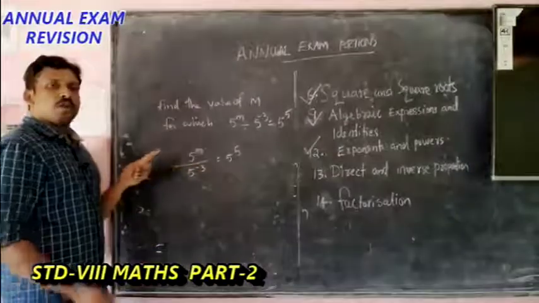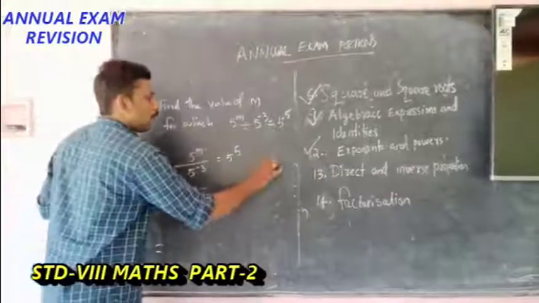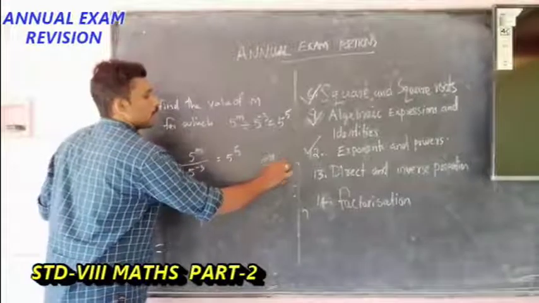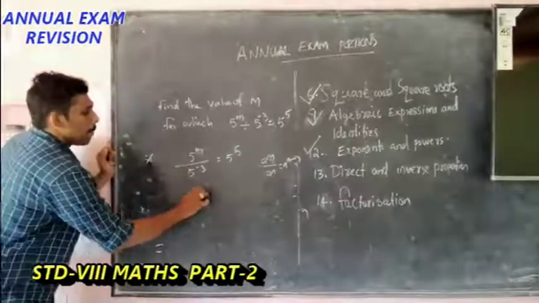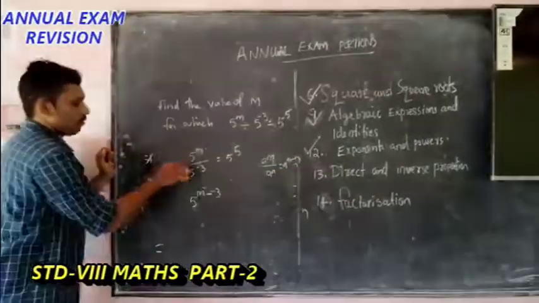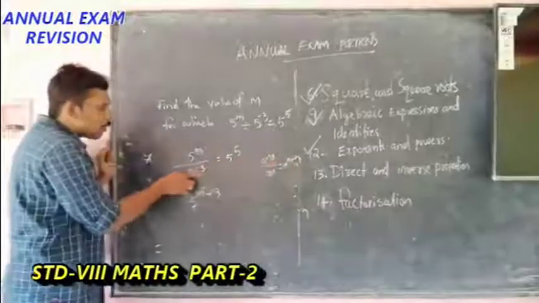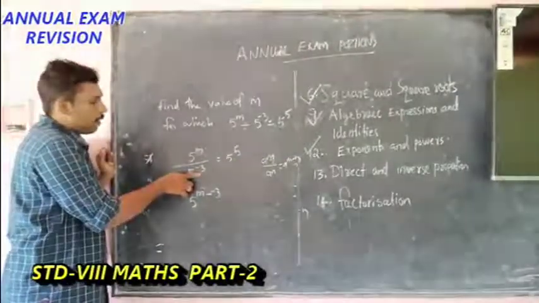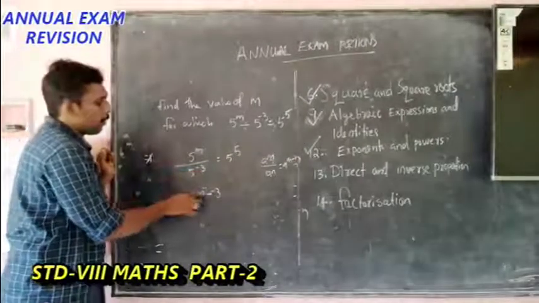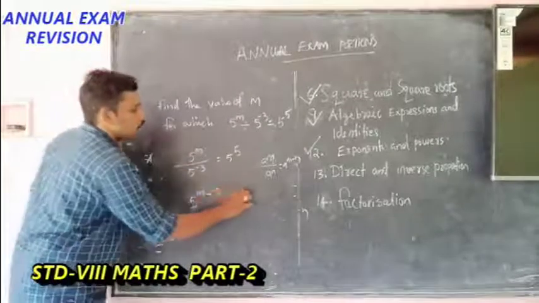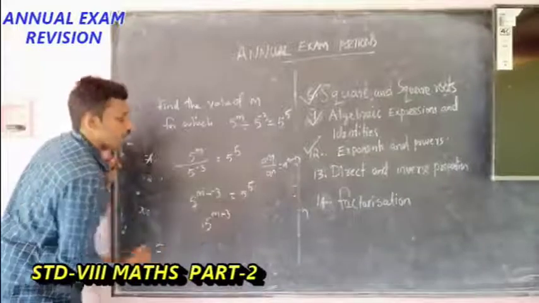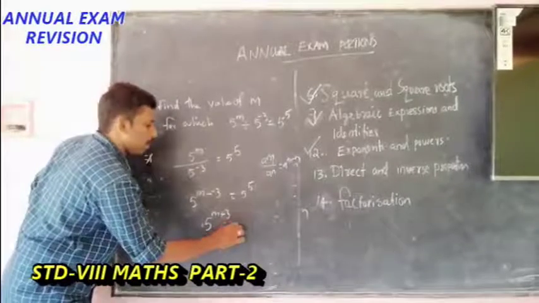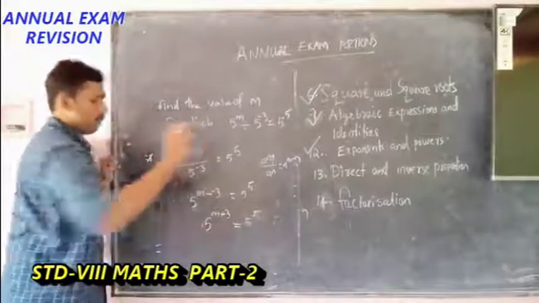Here we use one of the laws of exponents: a power m divided by a power n is a power m minus n. So 5 power m minus minus 3; the double minus becomes plus, so 5 power m plus 3 equals 5 power 5.